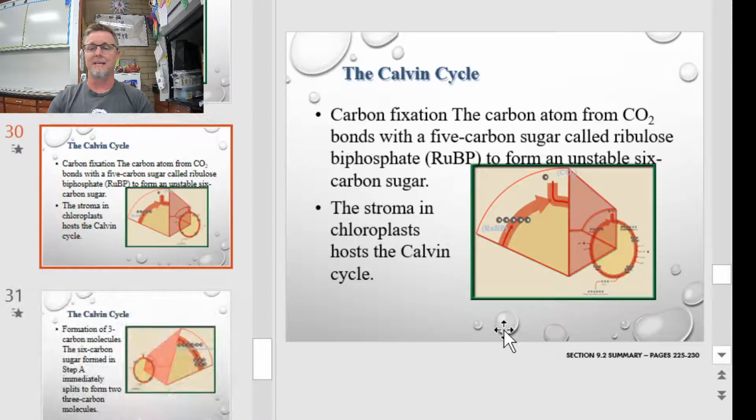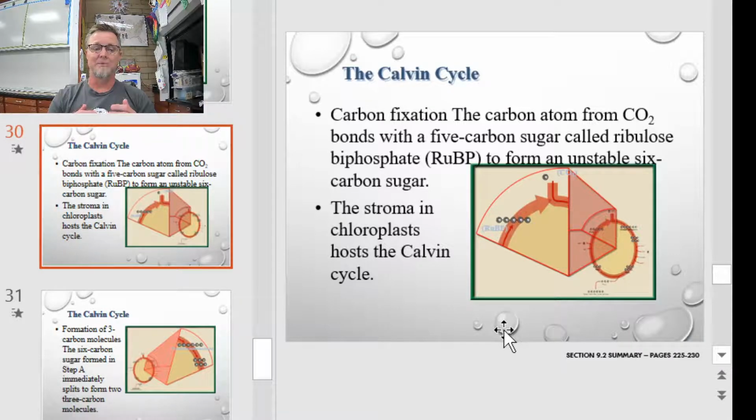Now let's look at each reaction very closely at what's occurring. So the first part of the Calvin cycle involves what's called a carbon fixation step. The carbon atom from carbon dioxide bonds with RUBP to form an unstable 6-carbon sugar.